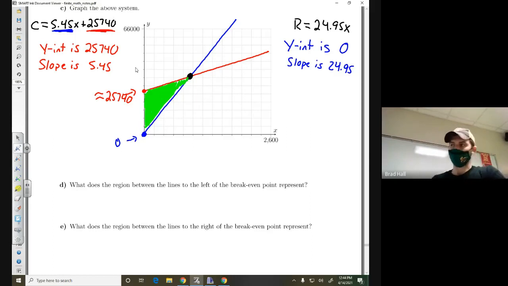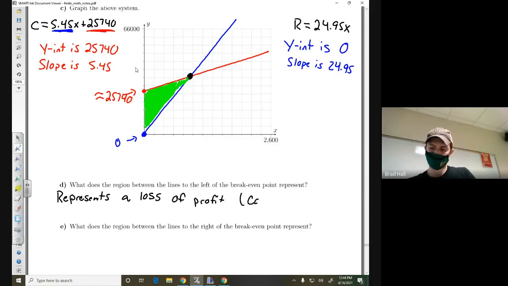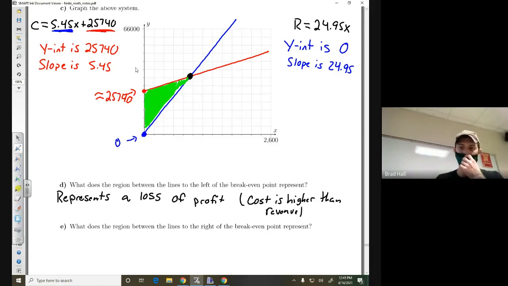I'm trying to remember the exact terminology they use in the homework. What is the region between the lines to the left? I believe it's a loss of profit. There's some multiple choice part. The loss of profit, because your cost is higher than revenue, which means you're losing money.